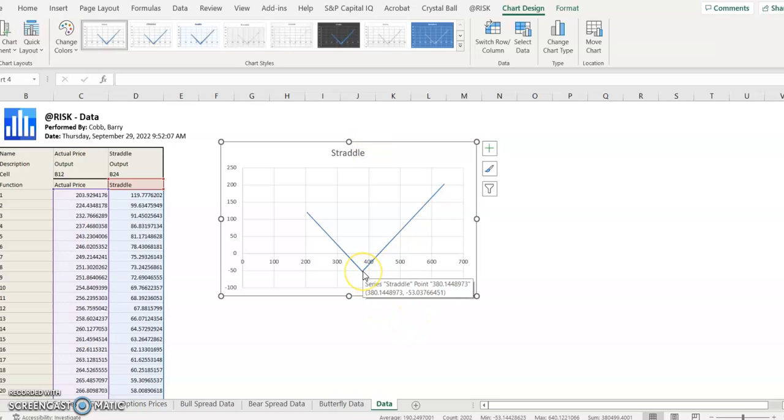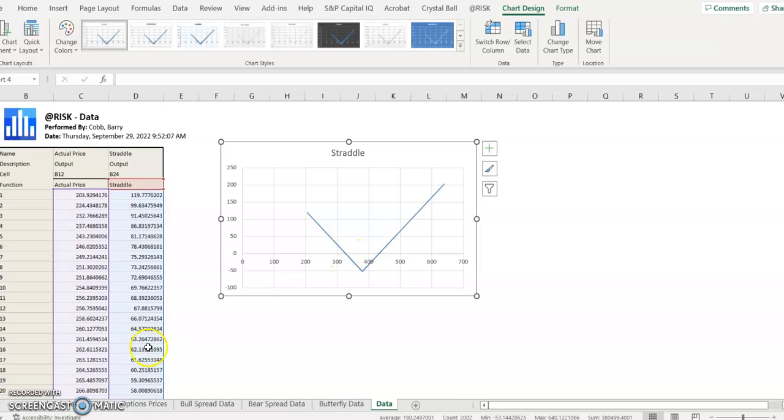So what happens is the point here is centered around about 380. And so if the stock price changes significantly in the positive direction, we're going to have an increasing positive payoff. But also the case is if it increases in the negative, if stock price decreases significantly, we'll have a payoff.